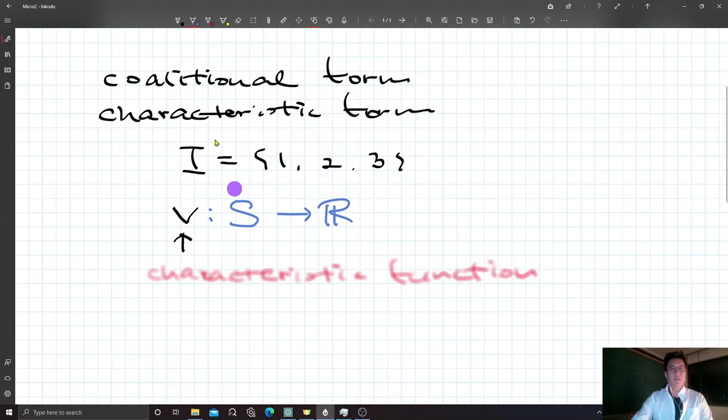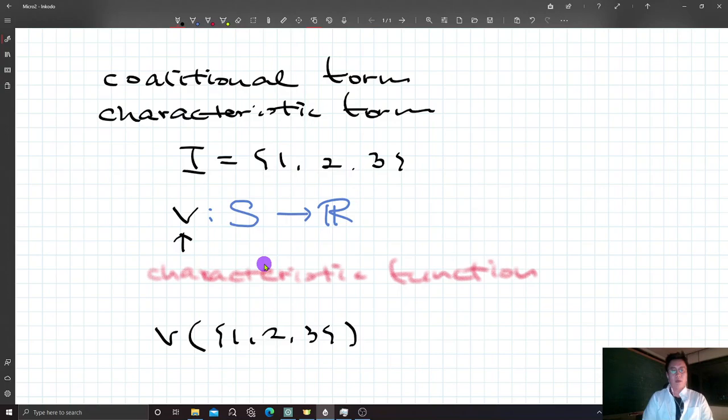Let me come up with an example. For the coalition 1, 2, 3, the grand coalition, the v function takes a value of 10.